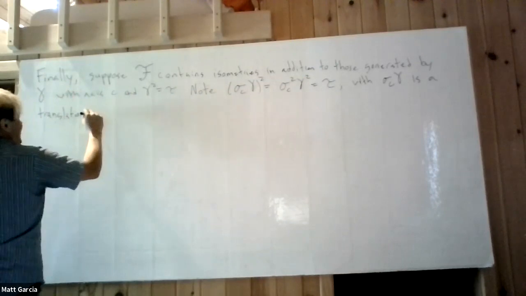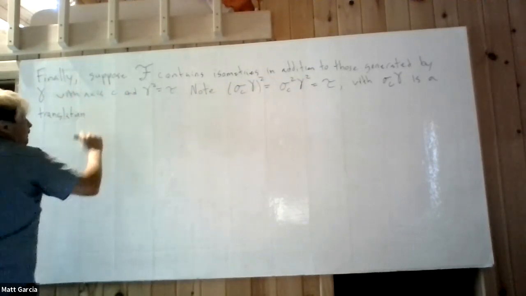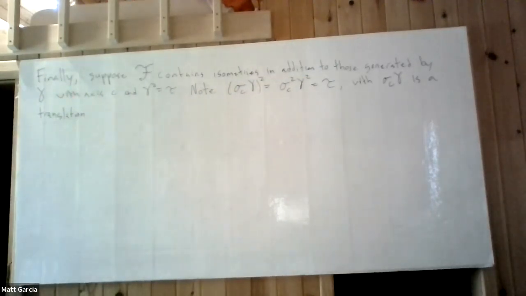Right? Why is that? How do we know that sigma sub C gamma is a translation? Anybody have any thoughts on that?